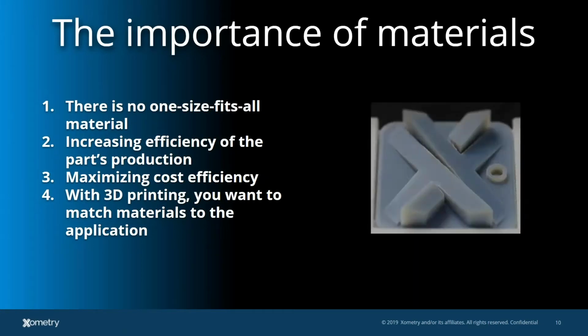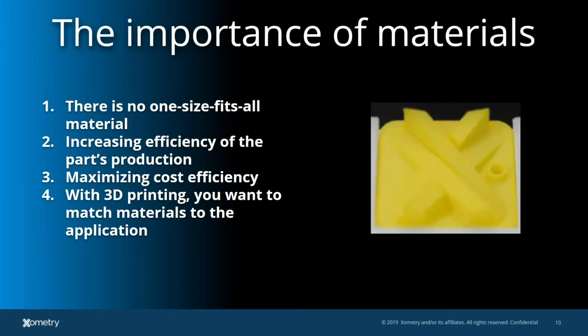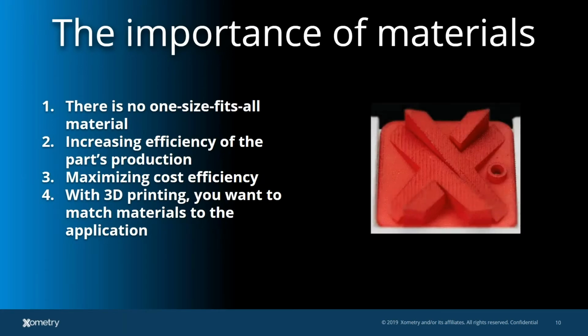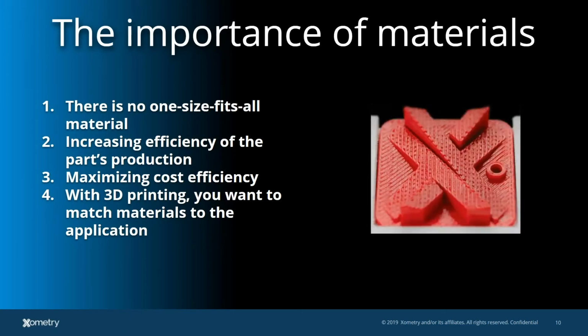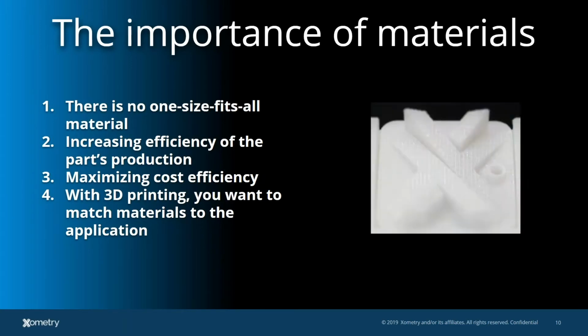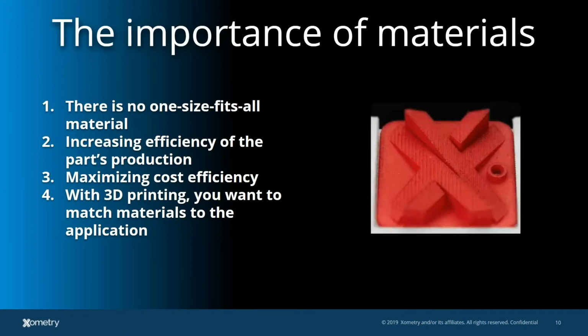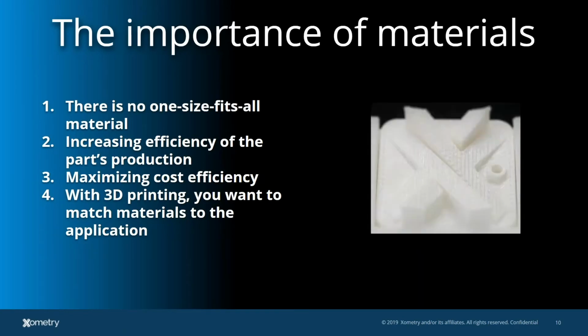Am I doing this part once, where I just need it to function one time around, or am I making this multiple times? I want to make sure that my first order of 2 is the same quality as my next 3 orders of 550. There are different processes and materials, especially in 3D printing, that are going to give me that cost efficiency and repeatability.